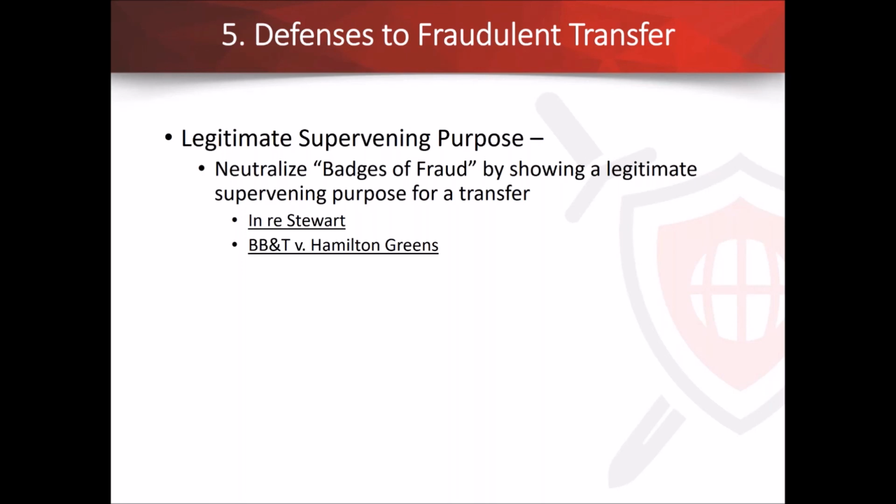So obviously the first, which should be obvious but isn't always easy, is a legitimate supervening purpose, and basically that's a fancy way of saying neutralize intent. Yes, your intent isn't asset protection, but you have other intent, other reasons for the transfer. Why might somebody go to Nevis?